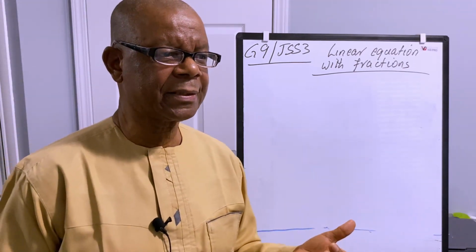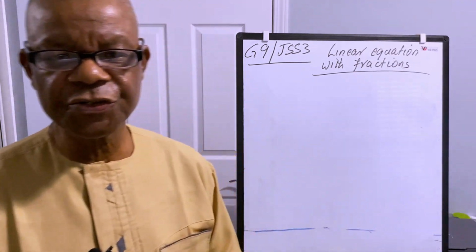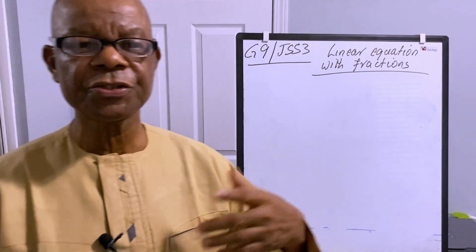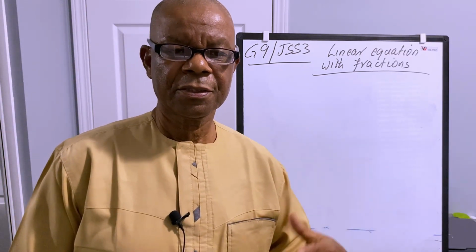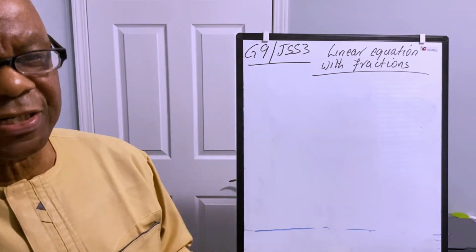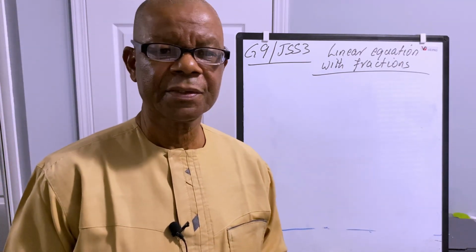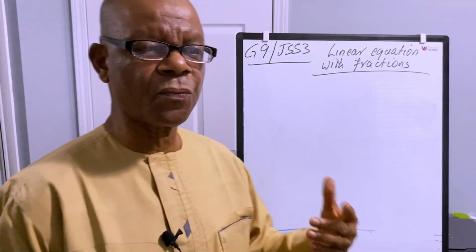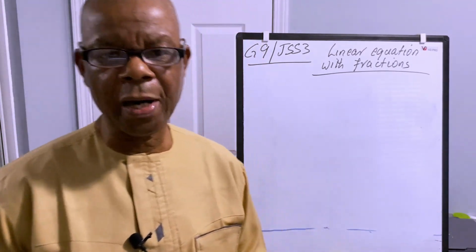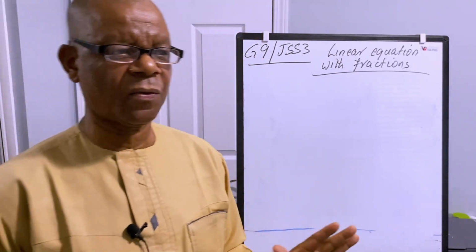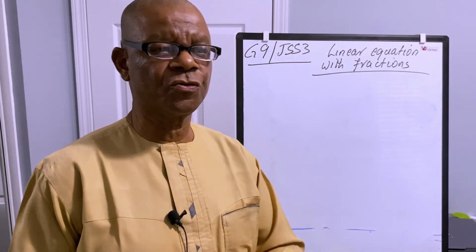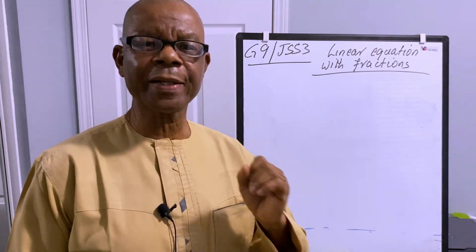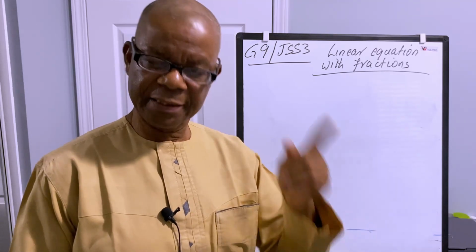What do I mean by that? We have first degree, second degree, third degree. Second degree is when we have x raised to power 2. Third degree is when we have x raised to power 3. But in linear equation, it is raised to power 1, but we don't normally write that 1. Any variable without power is automatically raised to power 1.